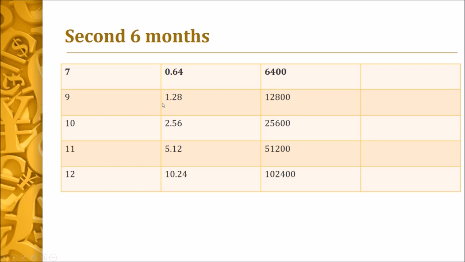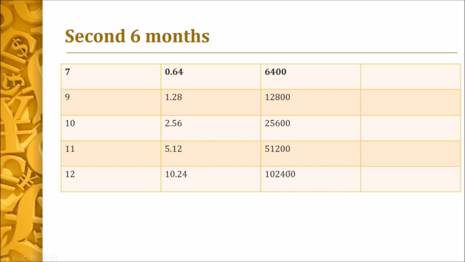At 9 months, can you see that you are now trading with a standard lot, 2 standard lots at 10 months, 5 standard lots at 11 months. The formula is simple. You are just doubling your lot size in each and every month after you earn 500 pips, and that would reach 102,000 in the 12th month.